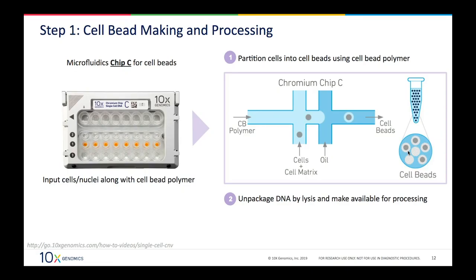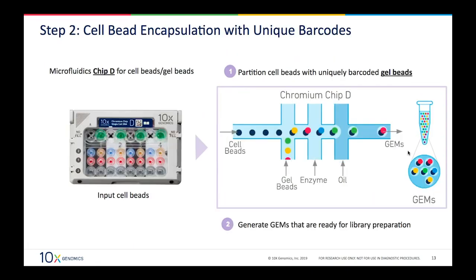So once you have completely unpackaged your DNA and your cell beads are ready, you can apply them to the second chip of this two-step system. In the second chip, you're going to be mixing those cell beads, which may contain a cell in each, with barcoded gel beads.